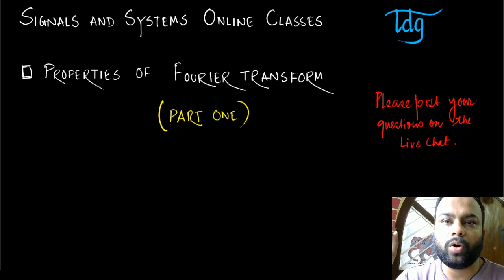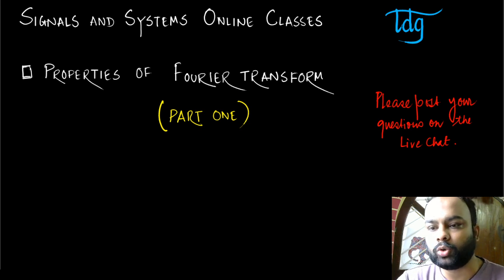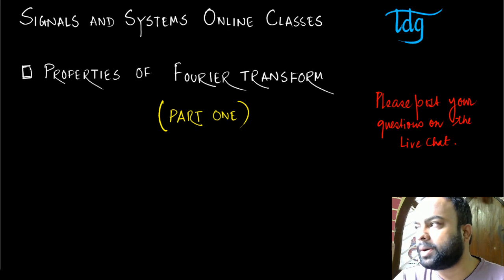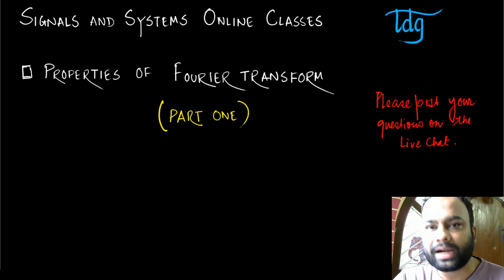So about this class, we shall need at least 2 classes for discussing properties of Fourier transform. Now we actually need to discuss properties of Fourier transform for different reasons, and it will soon be clear what those reasons are.